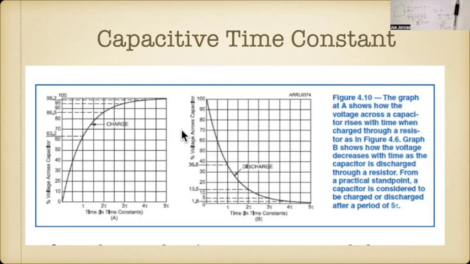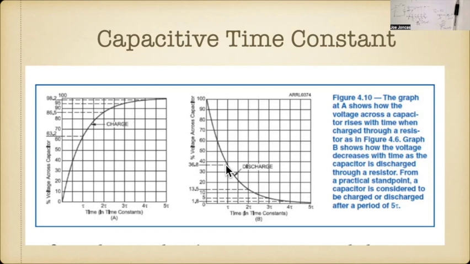Now, also, you can discharge the capacitor. If you had charged it up and then you went through a resistor and you coupled that resistor to ground, it would discharge the capacitor. You could start at 100 volts or we could call it 5 volts.